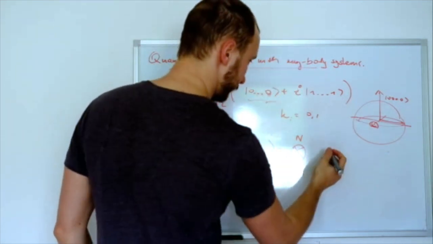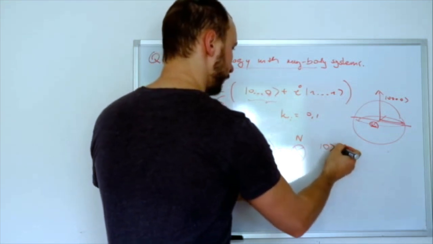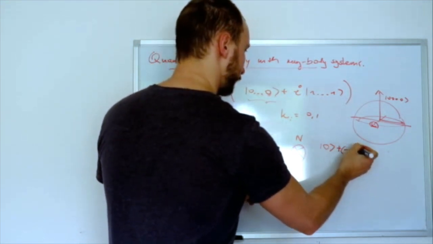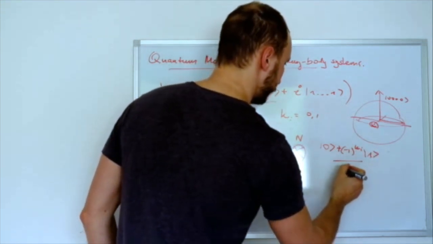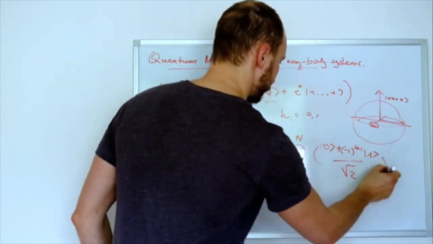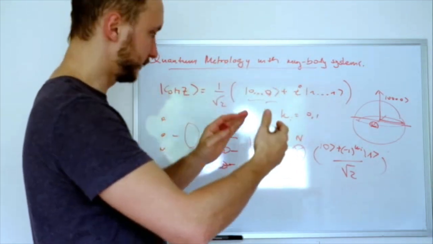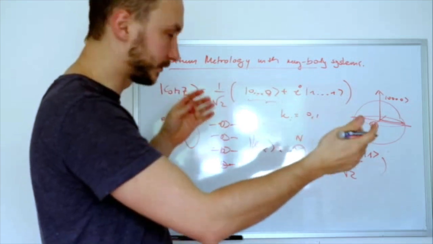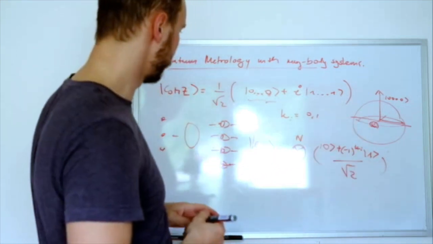By definition, |k_x> takes |0> plus or minus 1 to the k_i times |1>, divided by square root of 2. So each one just gives a plus for some party and a minus for some party, and the vector of zeros and ones tells us where we have a plus and a minus.